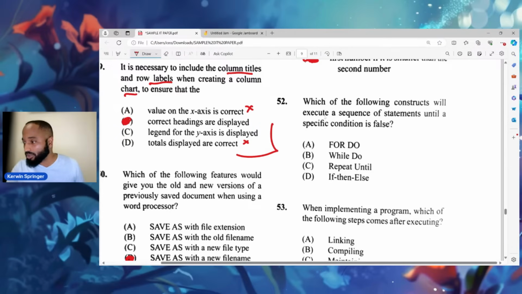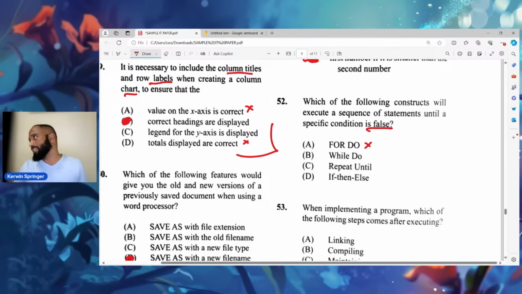Which of the following constructs will execute a sequence of statements until a specific condition is false? Okay, because I was like all of them are repeating. Repeat until, right? So wait. I need to think about this. For something, no, 4 is out.